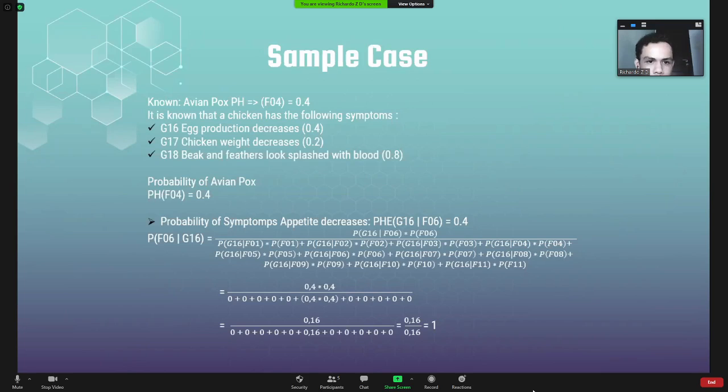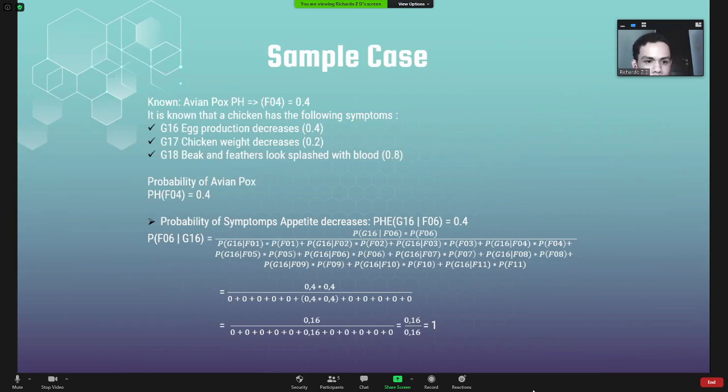So we will calculate the probability of F06 and G16, which means we calculate the probability of the possibility of getting symptom G16, egg production decrease. Then he will get the avian pox.